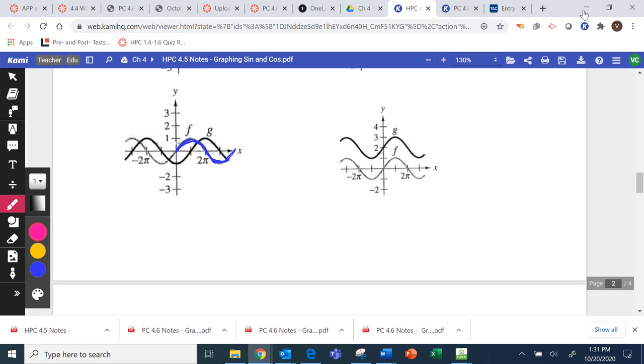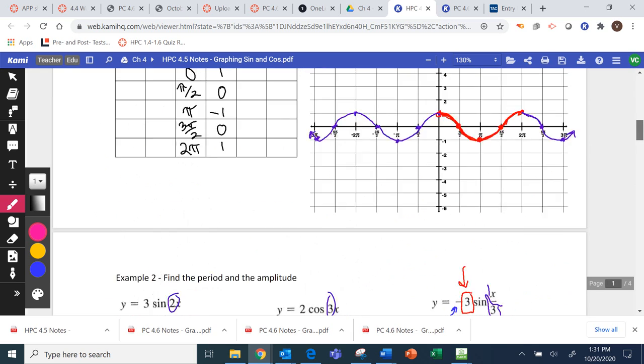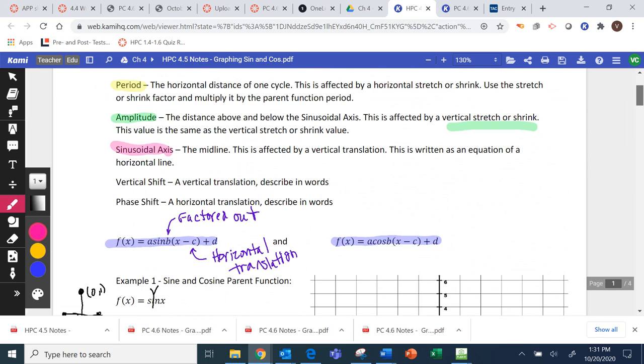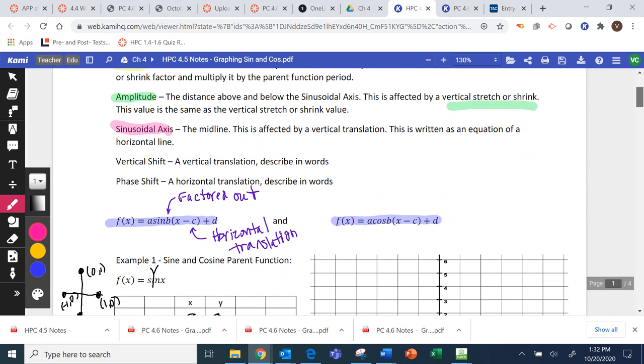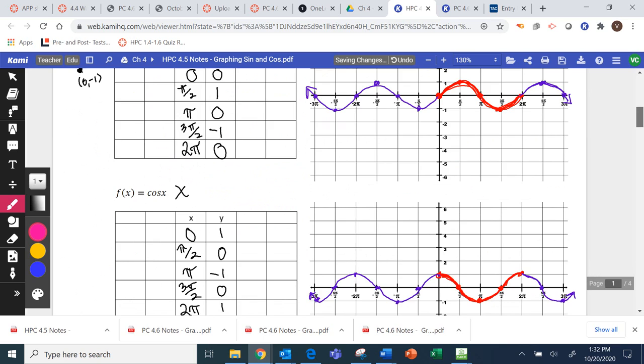It is a horizontal translation. Now, when I go back to the very beginning of this, there was a horizontal translation, but they call it something different. A phase shift. So it's a phase shift.